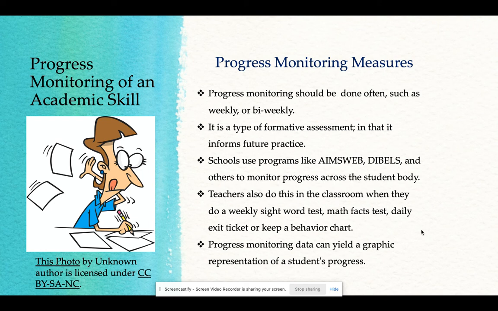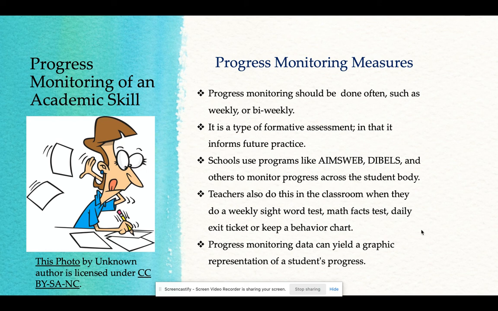So if we give a test on, let's say, math facts, and we see that a student isn't understanding it, they score very low, then we can adjust the way we work with that student so that they get more practice in their math facts, and hopefully the next time they're tested, they'll achieve better.